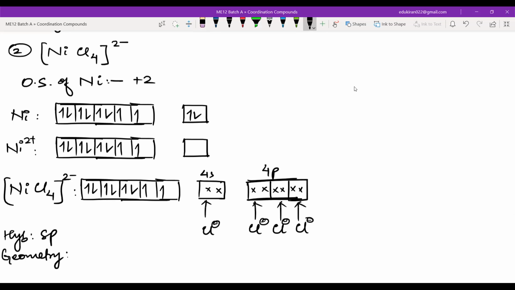Okay, sir, but here there are 2 unpaired electrons. Yes, that will remain, no problem. We just have to look at the ligand and the complex. So hybridization will be sp3. Then the geometry will be tetrahedral because sp3 is tetrahedral. And if I look at the magnetism, this will be paramagnetic.